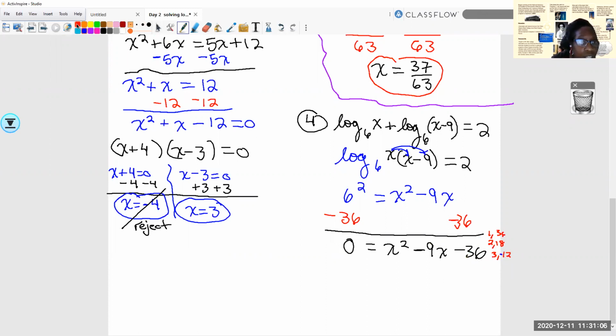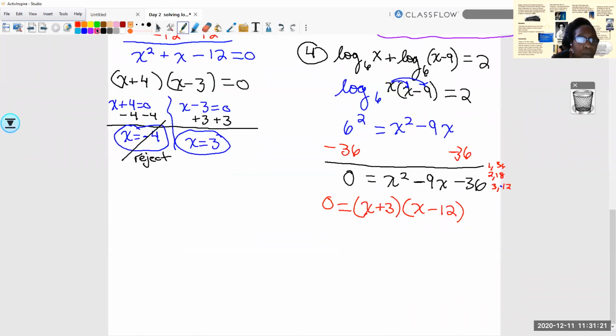We have our factors. So it's going to be 0 equals x plus 3 and x minus 12. Set each factor to 0, and it becomes routine. X plus 3 equals 0. X minus 12 equals 0.